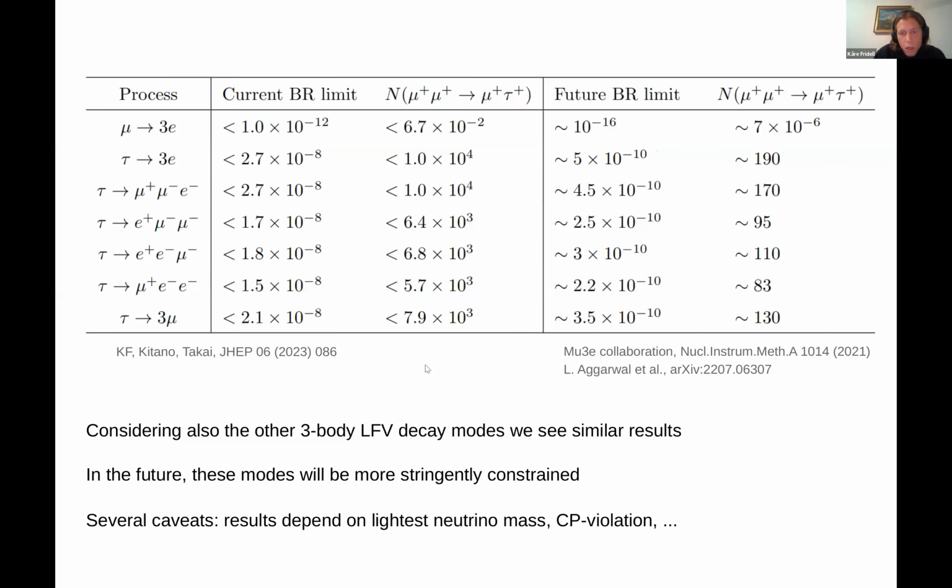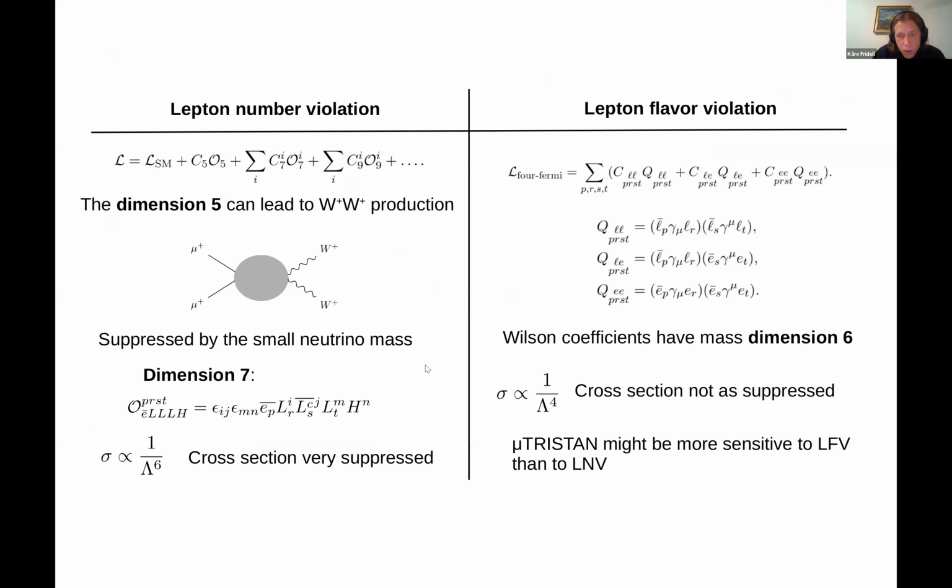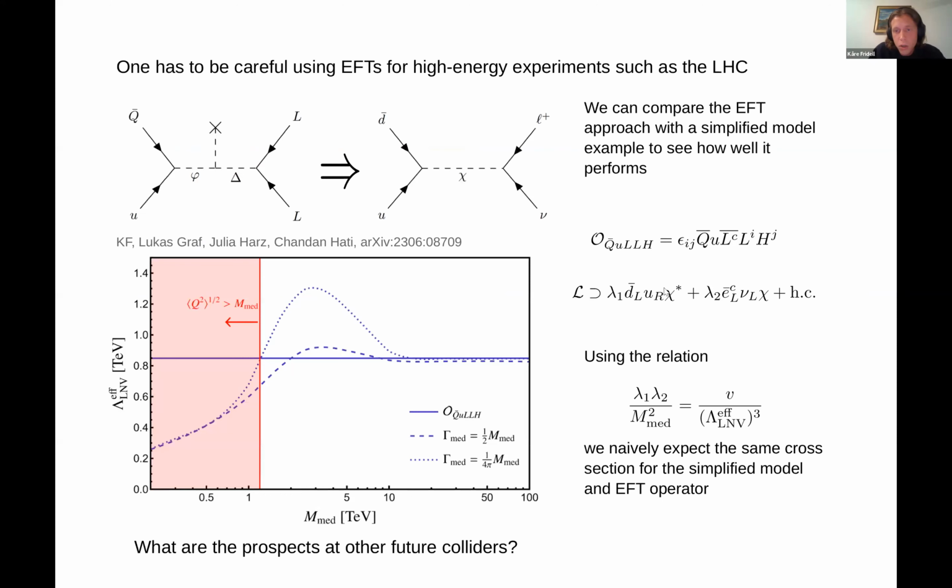I think it's enough to show one operator, which I actually had as an example here. This operator, for example, the QULLH, is a standard model invariant constructed with standard model invariant fields, and this involves the lepton doublet. And inside the lepton doublet, you have both the charged and the neutral leptons. So if this is the operator that's responsible for your lepton number violation, it necessarily also is lepton number violation in the neutrino sector.